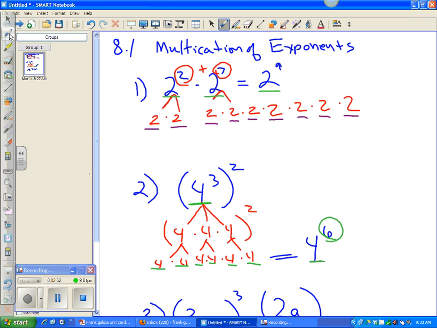The other way of doing this, you can say 3 times 2 is equal to 6. So my exponent is now equal to 6. What that does is I could say all this is equal to 4 raised to the 6th power.